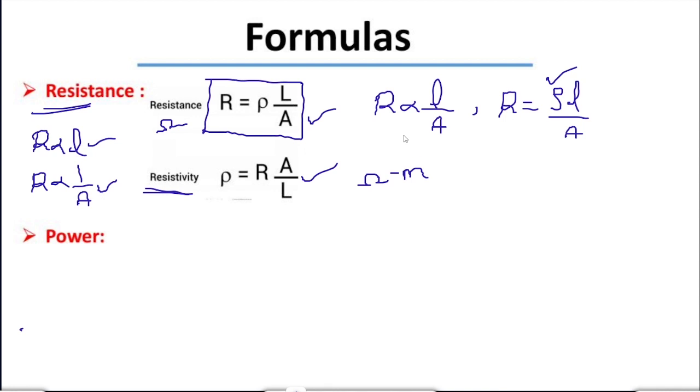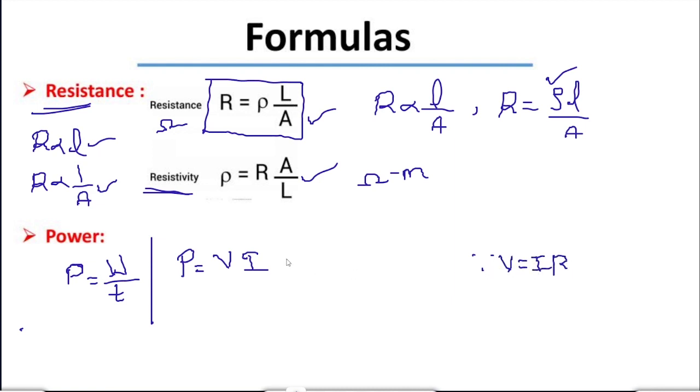Okay. And the next important point is power. What do we know about power? Power is nothing but the rate of doing work, right? So we can simply write power is equals to W by T, but in electricity, in the electric current chapter, we can write power is equals to voltage into current, right? But we already know V is equals to IR, right?